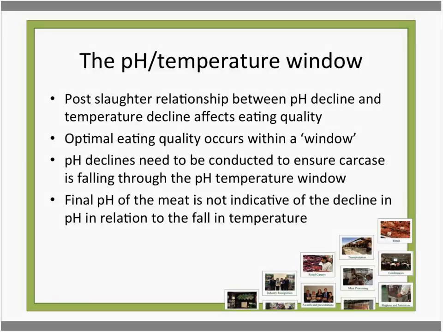If you choose to just do a pH at the end or look at your MSA pH results on product, that unfortunately doesn't give you any indication of how that fall happened, which means that you would be affecting the pH temperature decline, not going through that window to get that optimal eating quality despite hitting the right parameters with the pH.